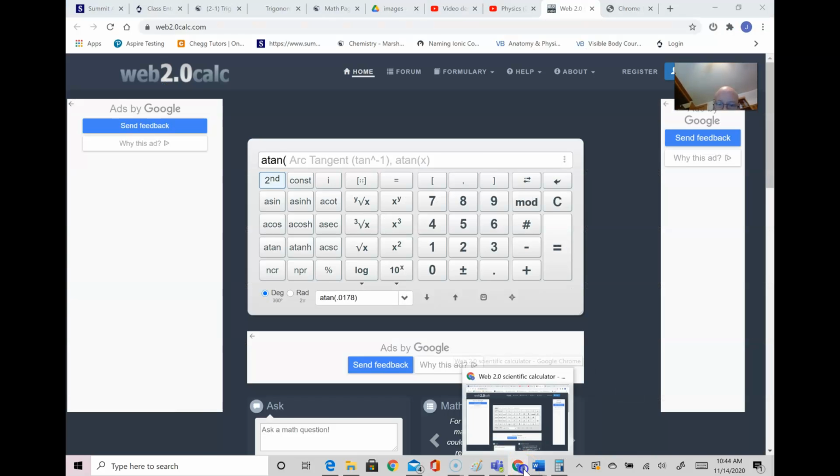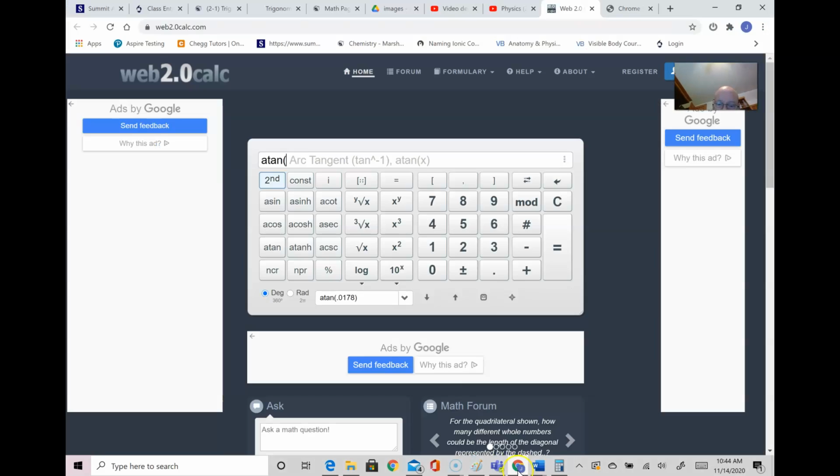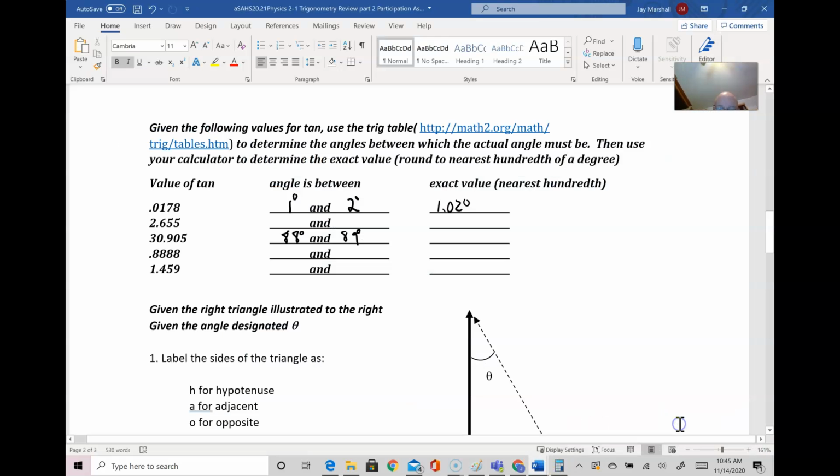And I'm going to plug that in. 30.905. Close my parentheses. And that's going to equal 88.15. Okay. So I'm going to say 88.15 degrees.